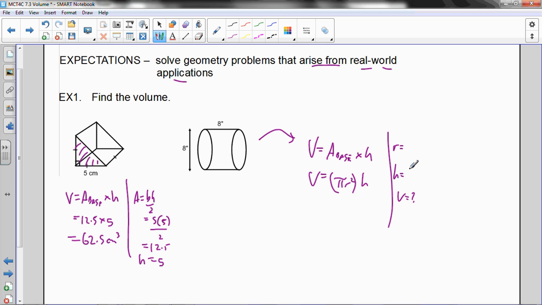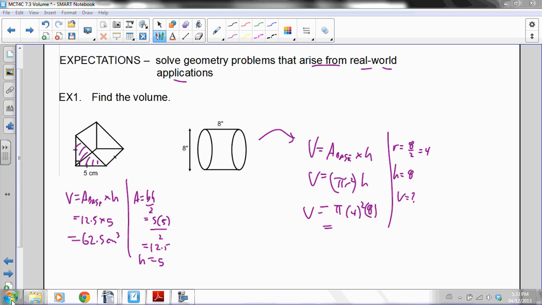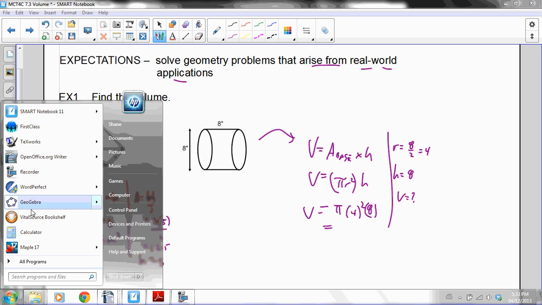We did a little work with this last unit when we were talking about polynomial functions. This ends up being a polynomial function, doesn't it? The radius is 8 over 2, which is 4. The height is 8. And now we're good to go. Use your pi button. And you get something. I never figured this one out beforehand, so you get to watch me.